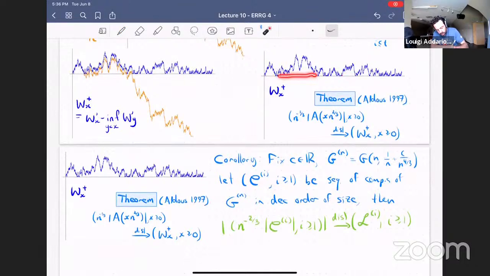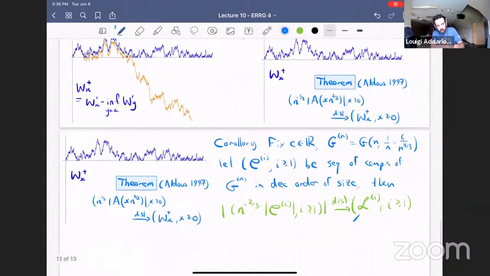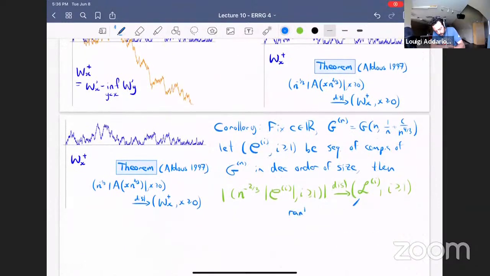The biggest excursion corresponds to the biggest component, the second biggest excursion corresponds to the second biggest component, and so on. So these are the ranked sequence of excursion lengths of W plus.